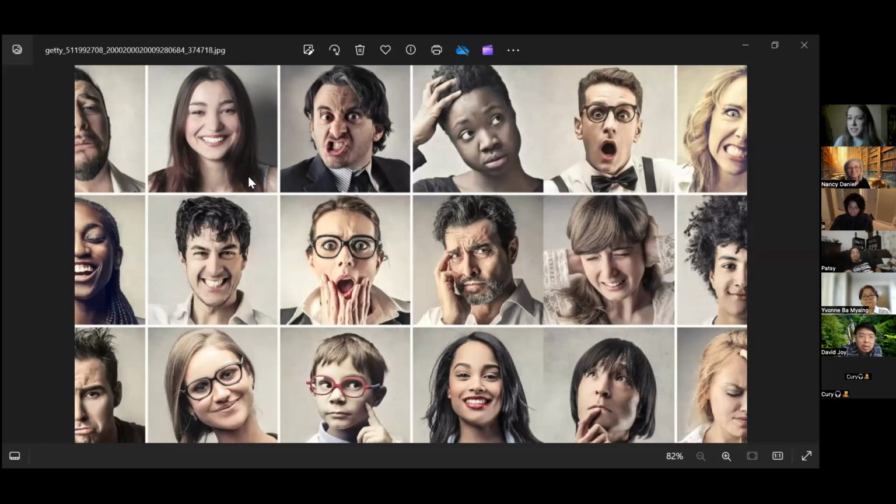Maybe if you are trying to figure out what emotion words the students already know, you could show something like this to an intermediate level class and say, okay, let's brainstorm. What are all of the emotions that you see here? Let's type them all in the chat really quick, and see what types of emotions people can come up with. But then that tells you what type of emotions you can expand on.